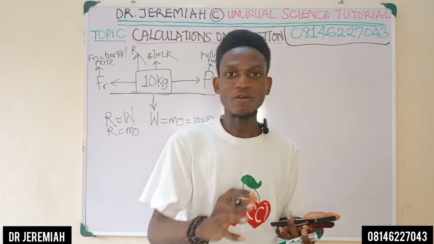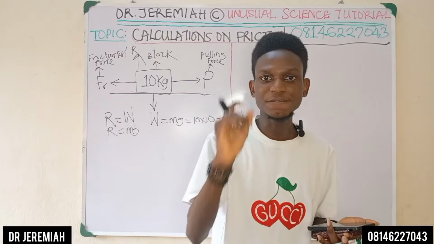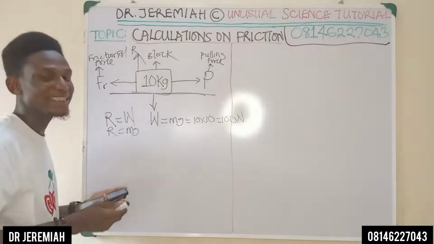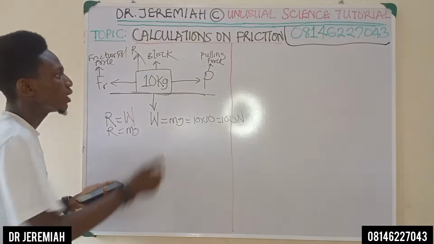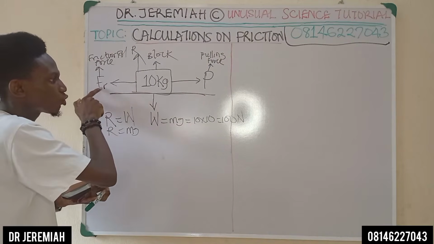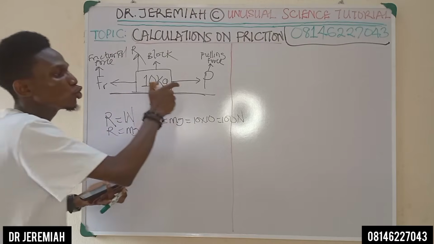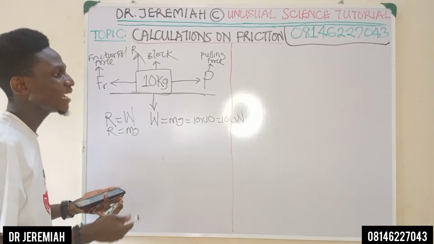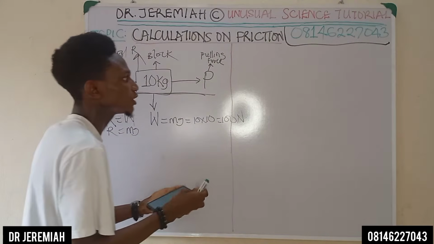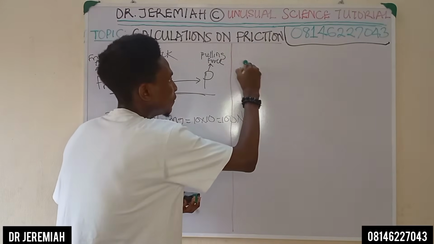Now, what you need to take note of next is the net force. If you look at this frictional force and pulling force, there's a net force, because if I drag this body along this surface, this frictional force is acting in the opposite direction. So what is the net force?